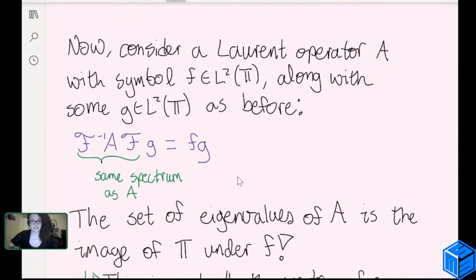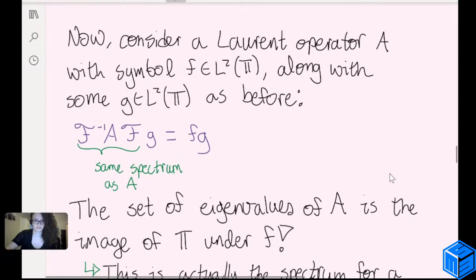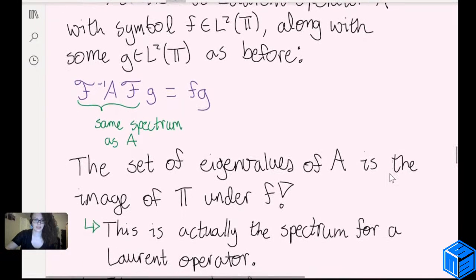Okay, so that means that the set of eigenvalues of our Laurent operator A is actually the image of the circle under the symbol of A. So this is actually the full spectrum for a Laurent operator. The spectrum is equal to the set of eigenvalues in this case.